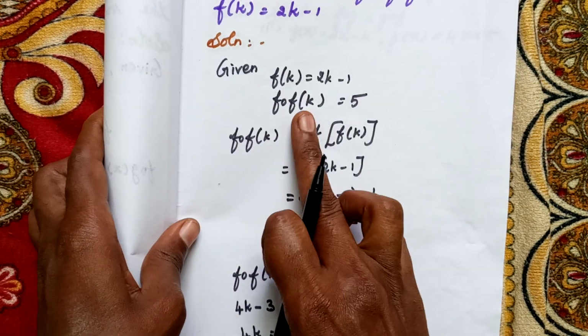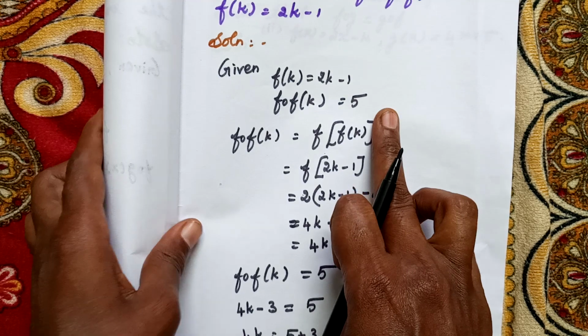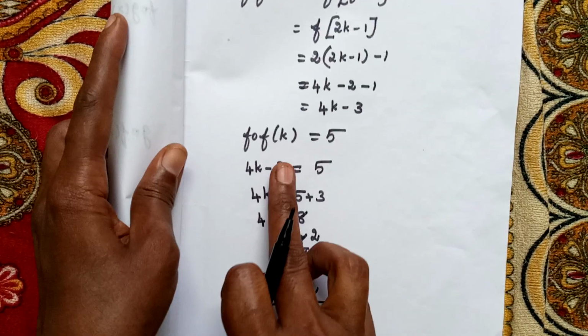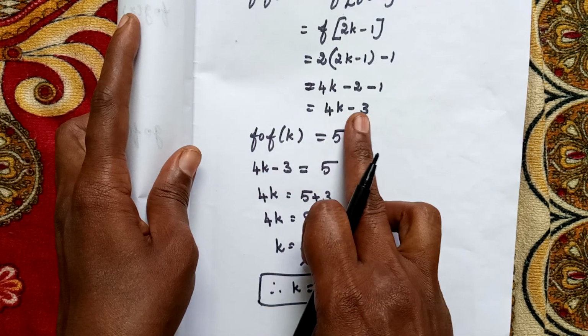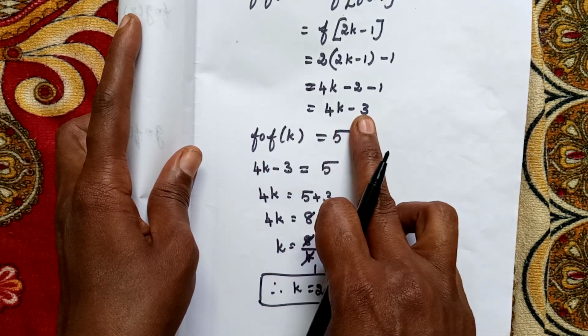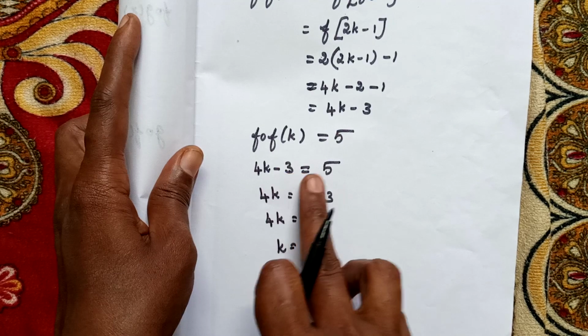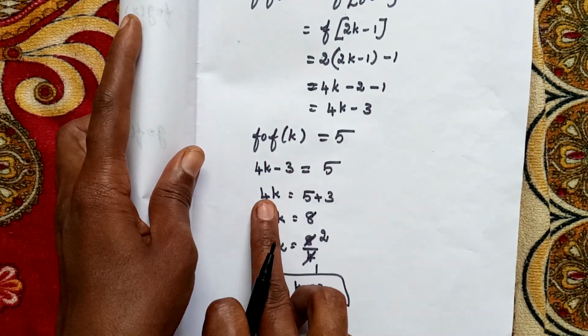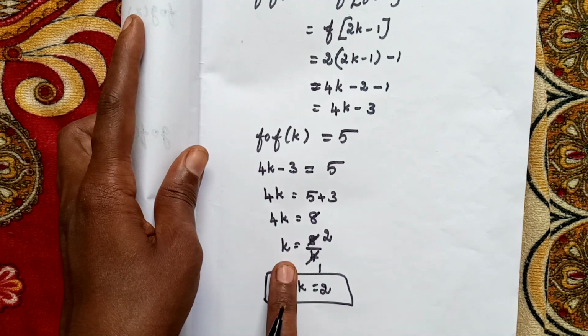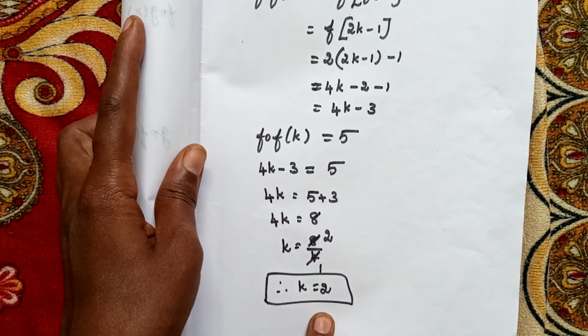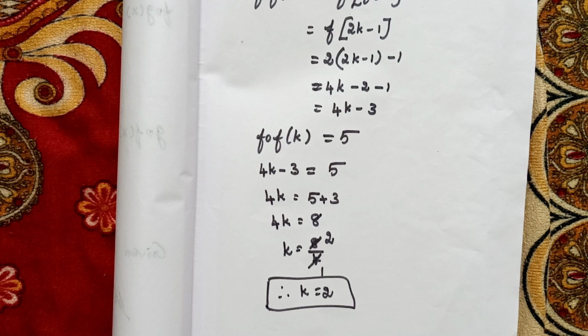Then 4k minus 3 is equal to 5, so 4k is equal to 5 plus 3 is equal to 8. Then k is equal to 8 by 4, which is 2. This is the value of k. Have you understood? Any doubt? Okay.